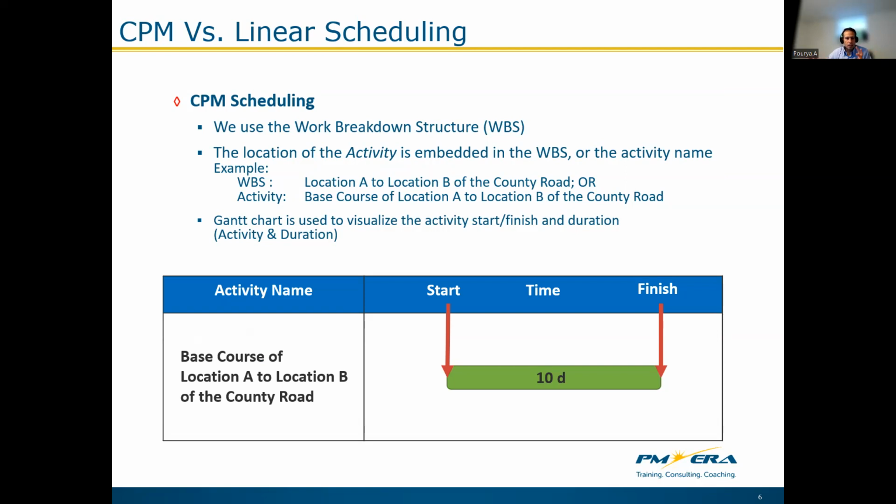Therefore, that location is either embedded in the WBS or the activity name. Gantt chart is used to visualize the activity start to finish and duration. Therefore, here we have the activity and duration.